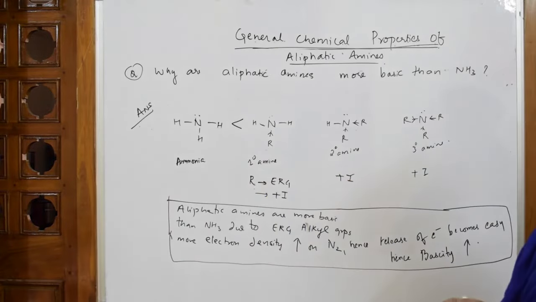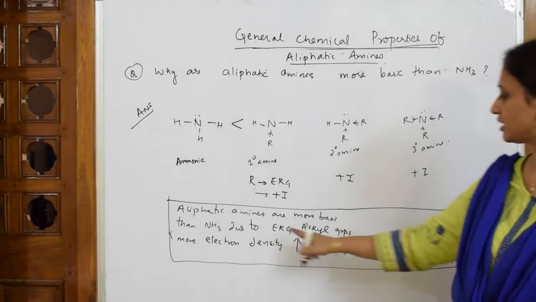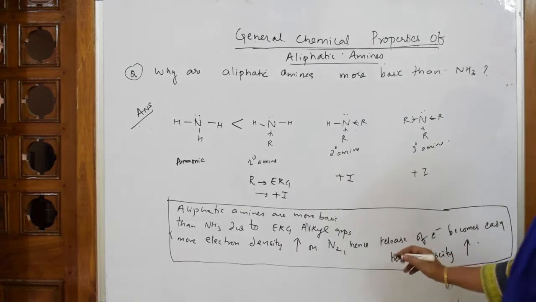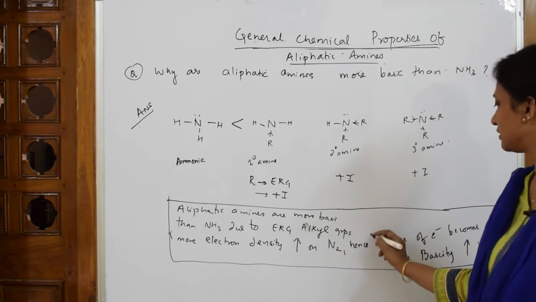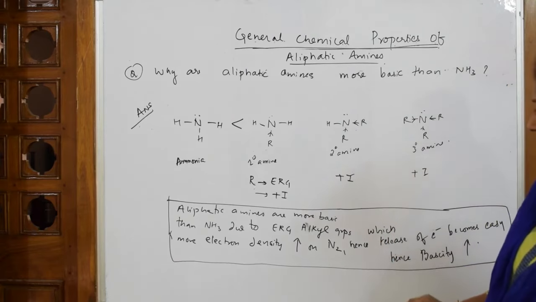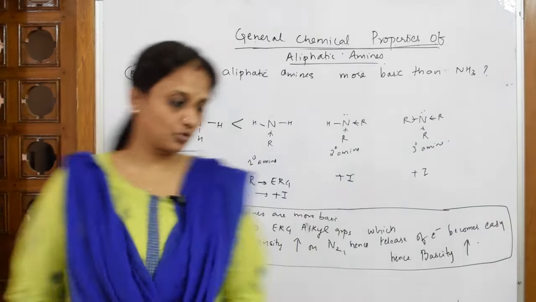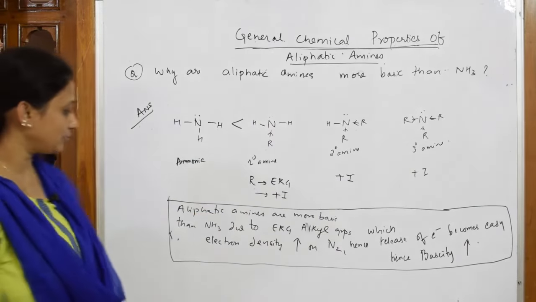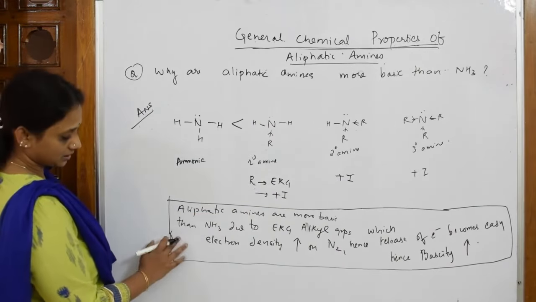No, isn't it? So aliphatic amines are more basic than ammonia due to electron releasing alkyl groups, which increase the electron density. Let me link that sentence here: due to electron releasing alkyl groups, which increase the electron density.